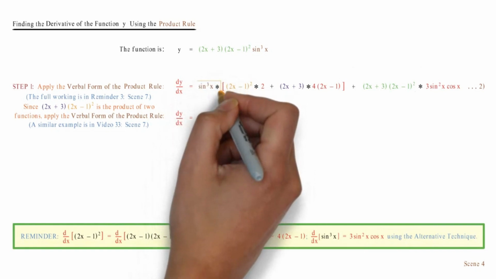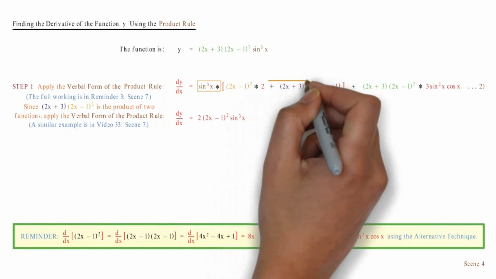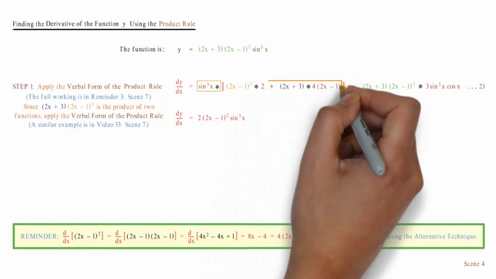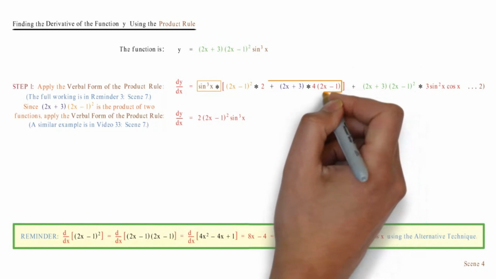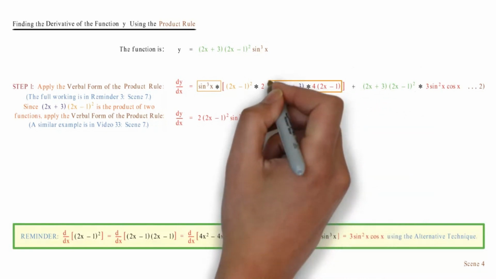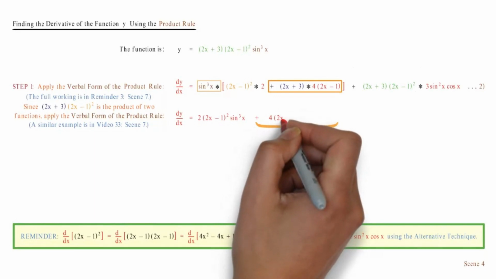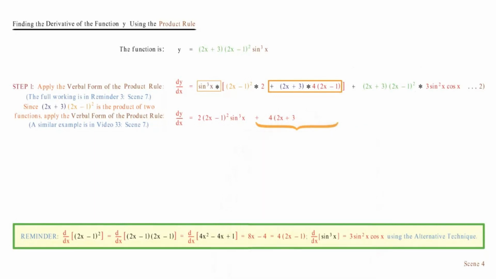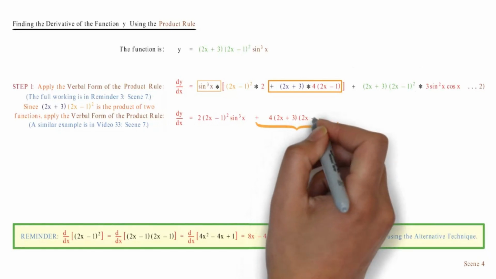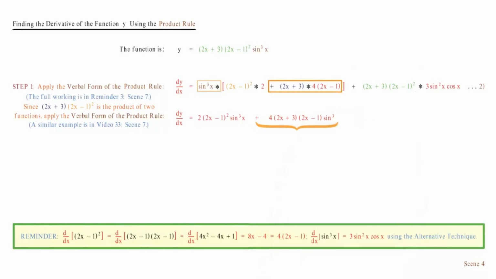Sine cubed of x times plus 2x plus 3 times 4 times 2x minus 1 becomes plus 4 times 2x plus 3 times 2x minus 1 sine cubed of x.